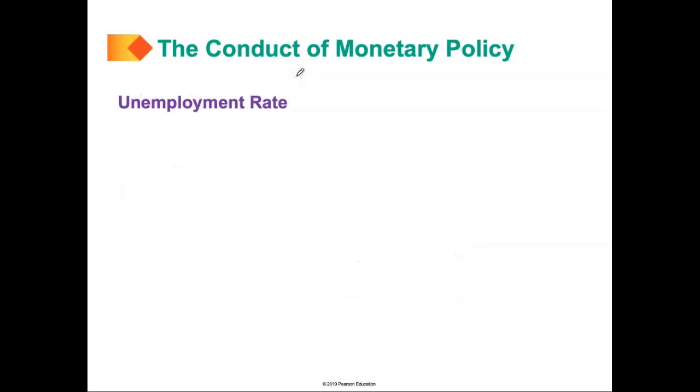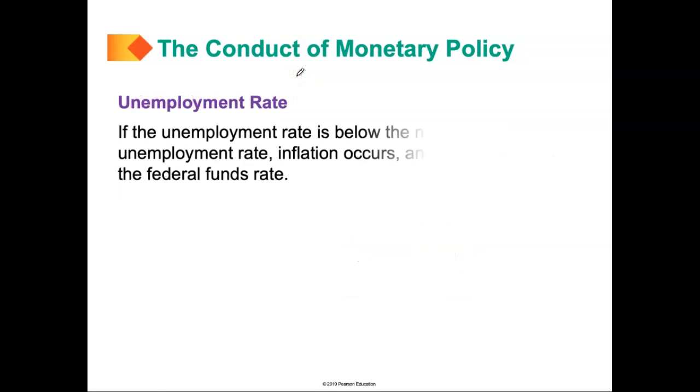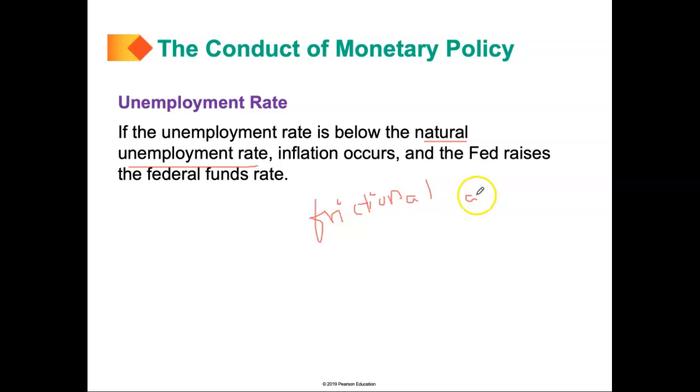Now, what about the unemployment rate? Remember how we define the natural unemployment rate? The natural unemployment rate is the unemployment rate which is made up of frictional unemployment and structural unemployment.